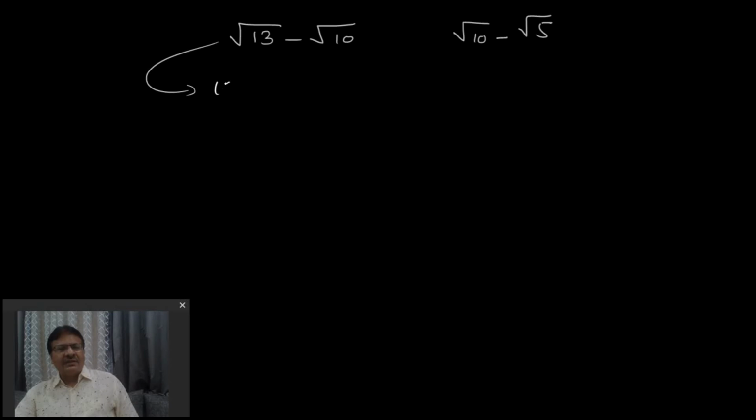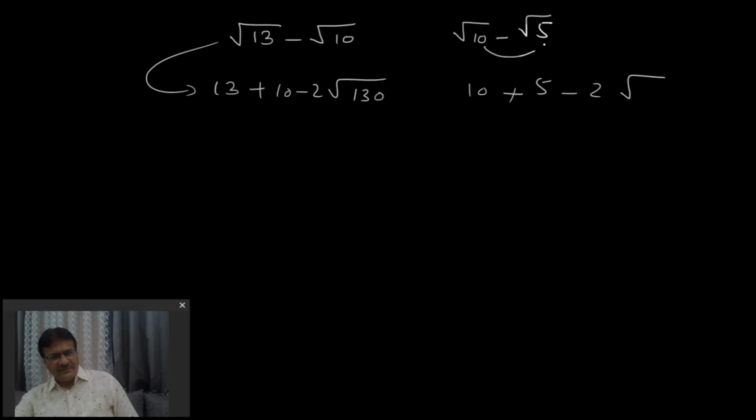If I square this, then 13 plus 10 minus 2 root 130. If I square this one, then 10 plus 5 minus 2 root 10 into 5, that is 50. Yes, no? So it is 23 minus 2 root 130, and it is 15 minus 2 root 50.